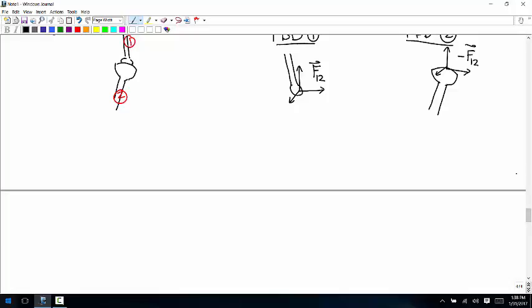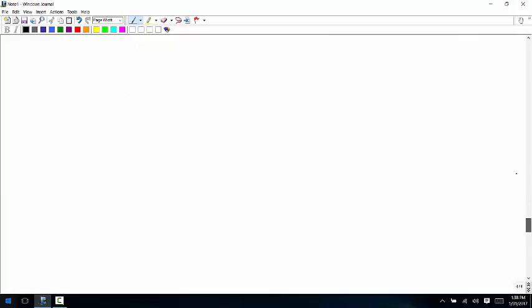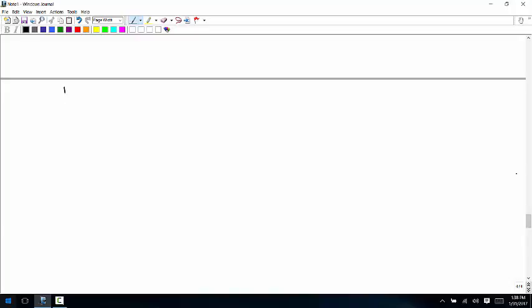Okay, next is joint category 4. So this is a joint that introduces 4 variables.